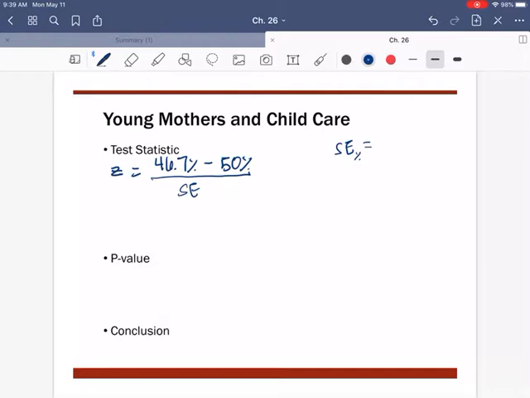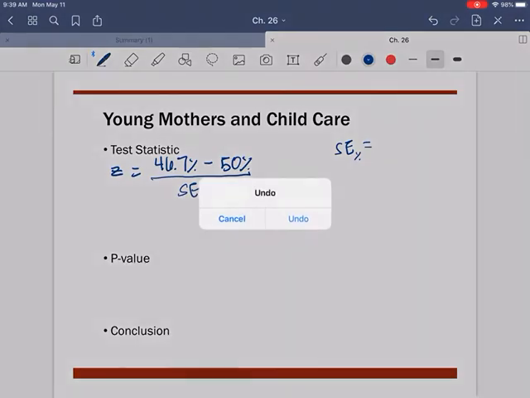So the standard error is going to be the square root of the percent of ones times the percent of zeros. But we have two different numbers here. Should we be using the 50%, or should we be using the 46.7% for our percent of ones to calculate the SE percent? Let me double check this, but it should always just be what you expect it to be. So it should be the 50%. Just going to grab my notes, double check so I don't tell you wrong.